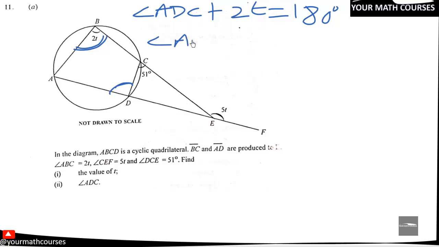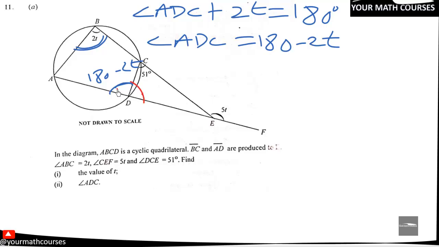So angle ADC will be equal to 180 minus 2T. If that is the case, we can find this angle here too.